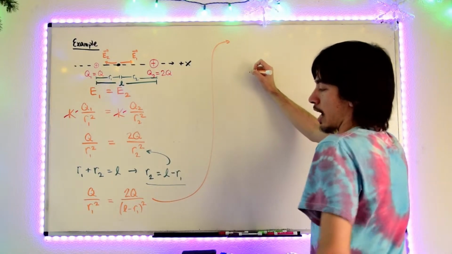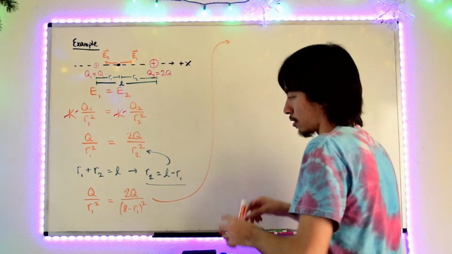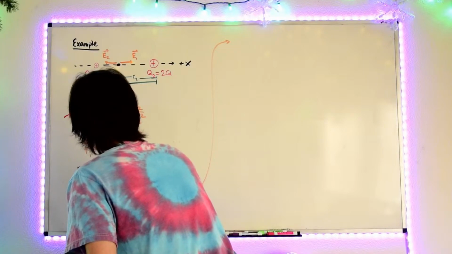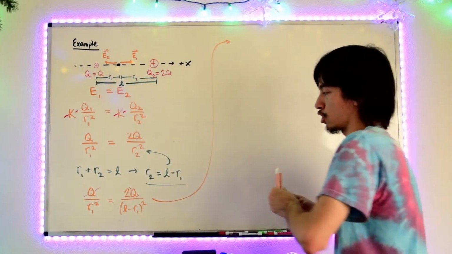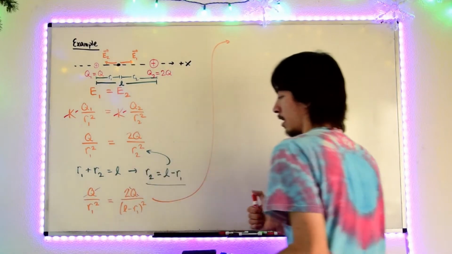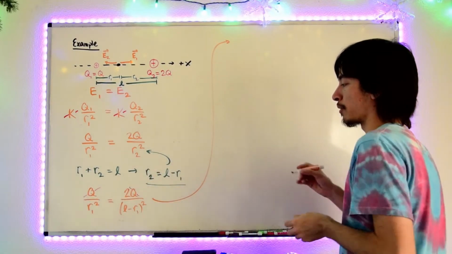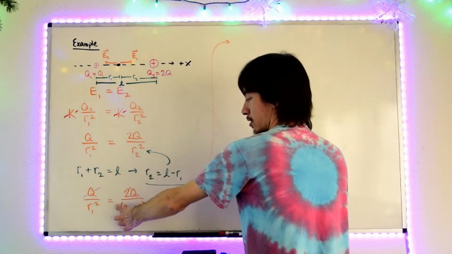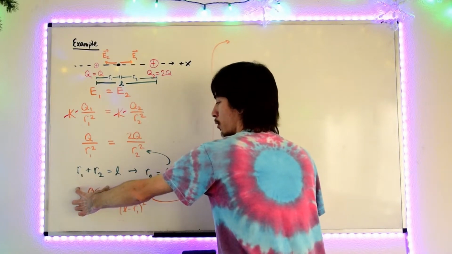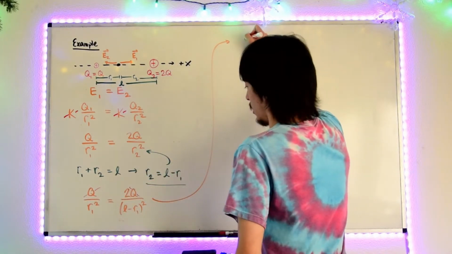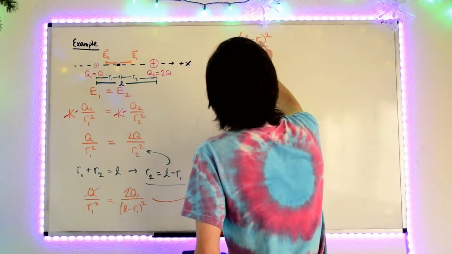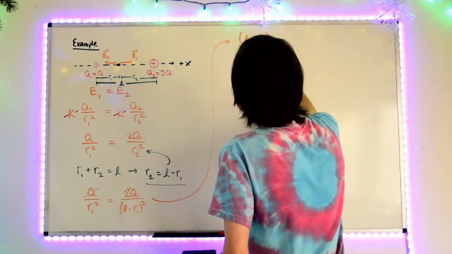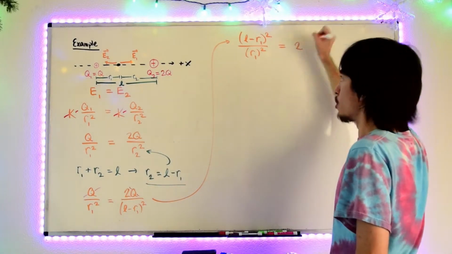Actually, before that, we can realize that the Q's cancel because they appear on both sides of the equation and are just multiplied or divided to everything. So we don't even have the Q anymore. If we move this term in the denominator over to the numerator on the left side, we have L minus R1 quantity squared divided by R1 squared equals, and we only have 2 left on that side.